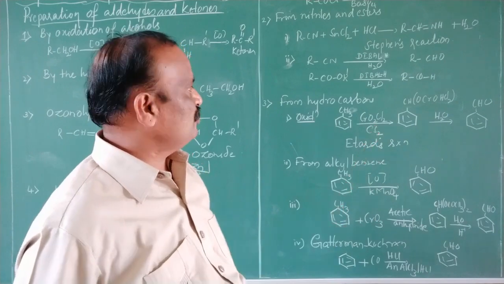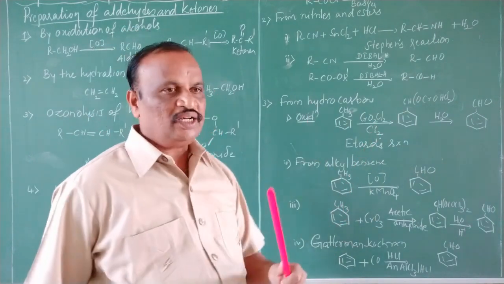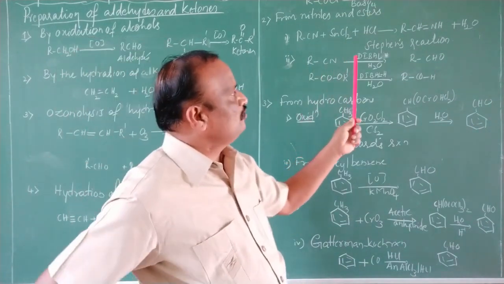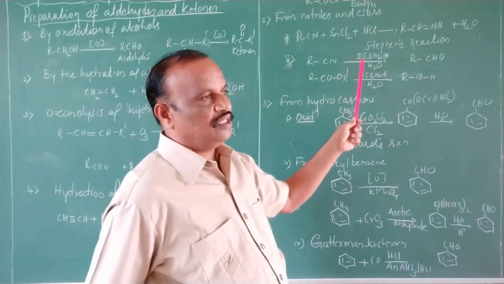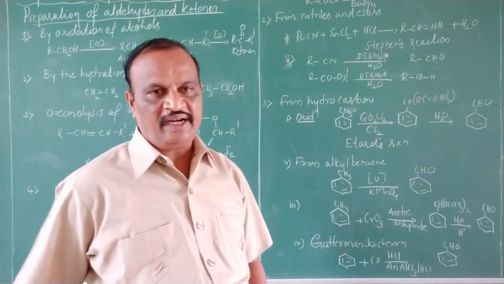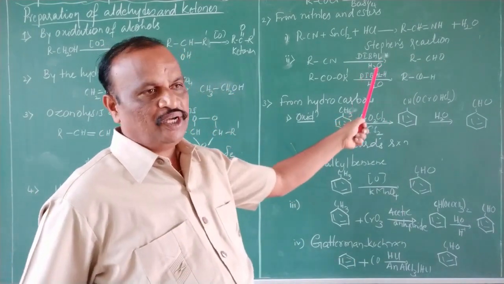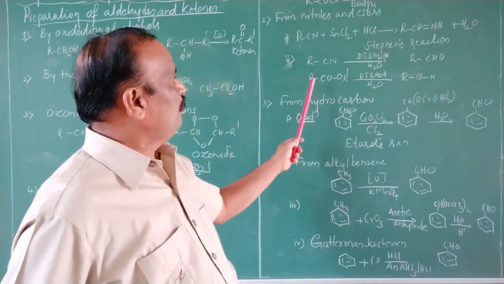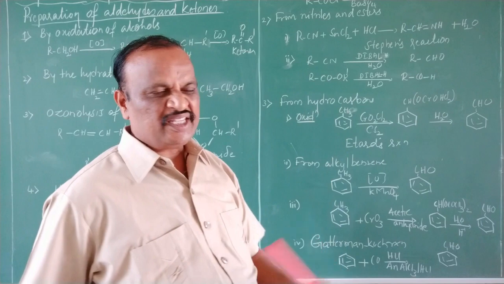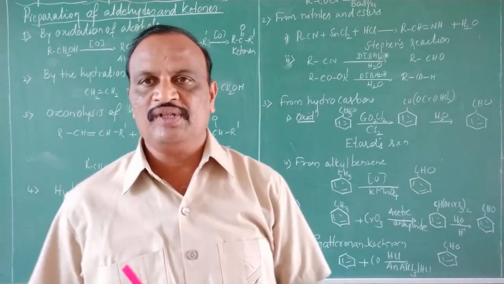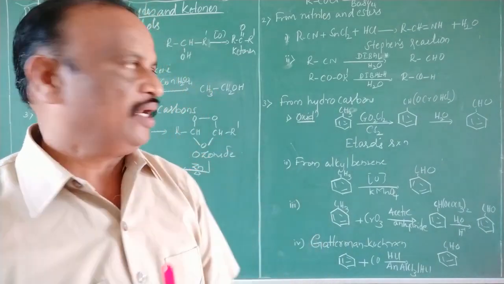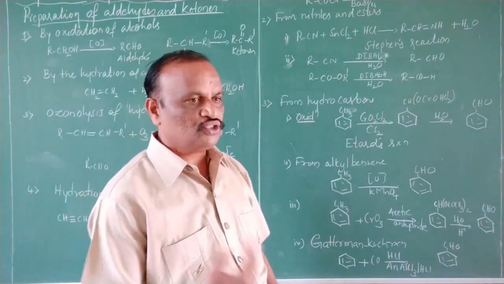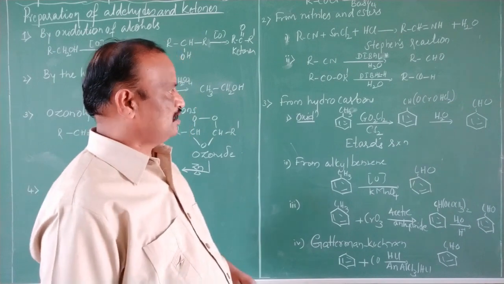From cyanides you can also get aldehydes by treating them with diisobutyl aluminum hydride as a reducing agent, followed by hydrolysis. Similarly, you will also get aldehydes from esters. Esters also, when treated with diisobutyl aluminum hydride followed by hydrolysis, give aldehydes. That's how you can prepare aldehydes.